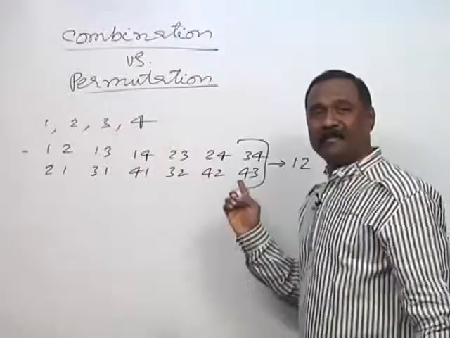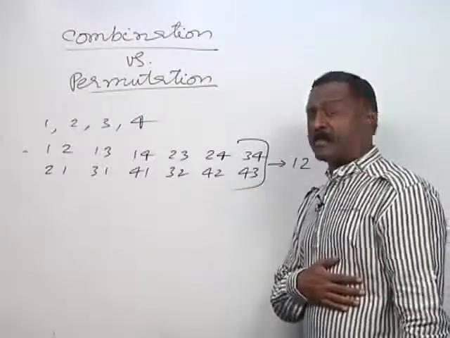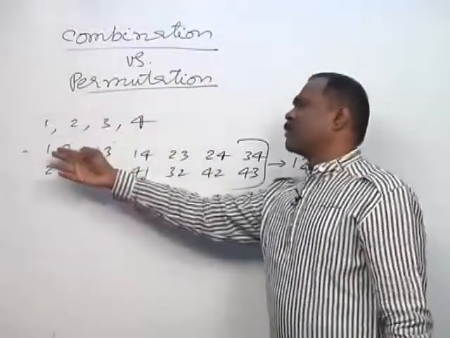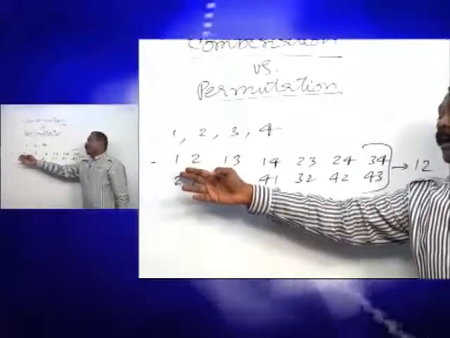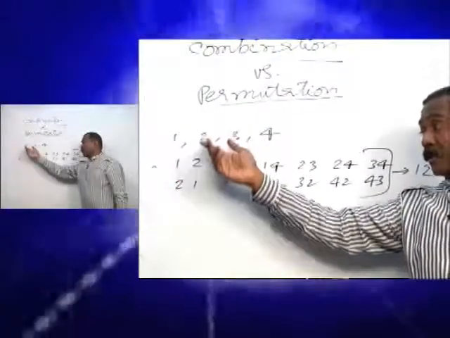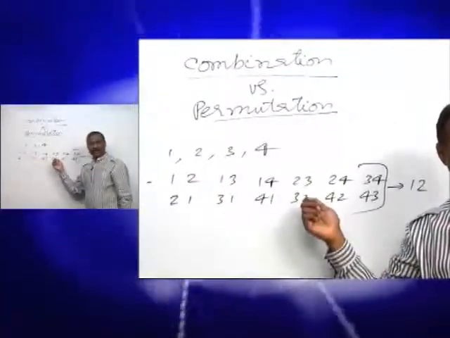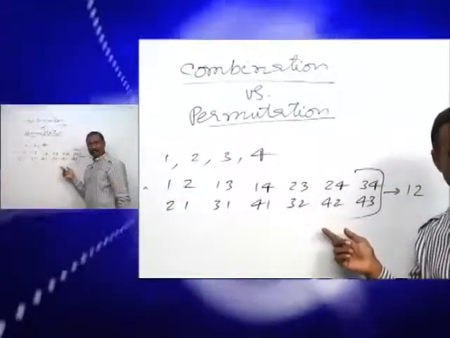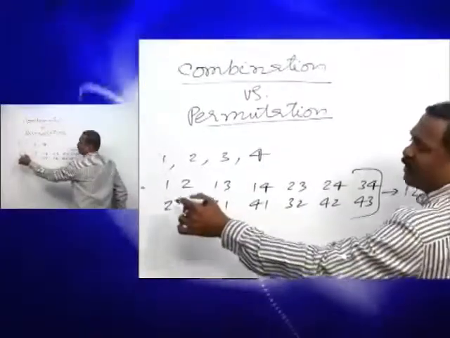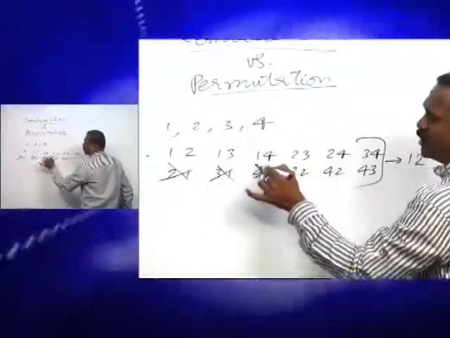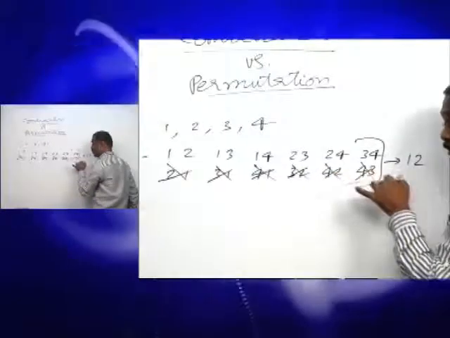You got 12 here. But if the question is posed like this: find the number of two-digit numbers that can be formed from 1, 2, 3, 4 such that they are in the ascending order of magnitude or descending order of magnitude. Then what happens if they are taken in ascending order of magnitude? This is not needed, this is not needed, this is also not needed.